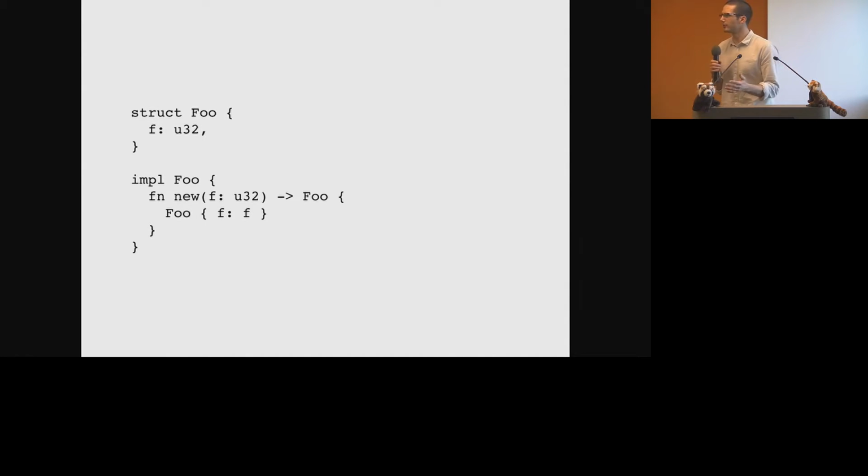In this case, it's not doing anything very useful. But in real life, you can initialize private variables, do some kind of computation, or set some defaults that it's boring for the user to do manually. It's a very simple pattern, but it's very useful and one that Rust programmers use all the time.